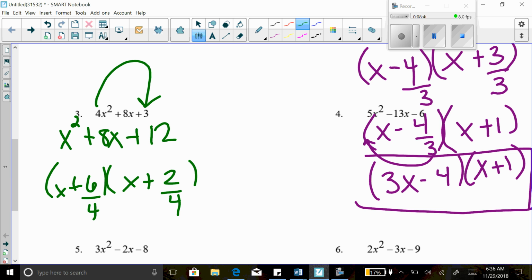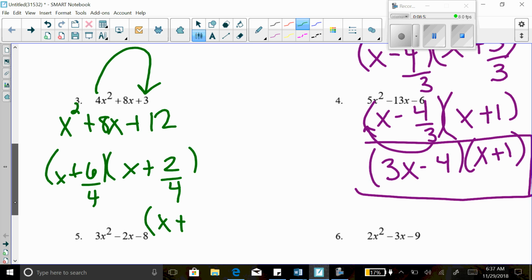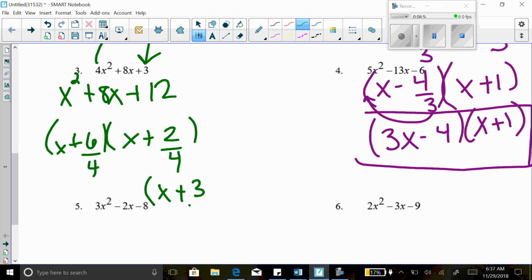Now we look at our fractions and say, can my fractions be simplified? And in this case, they can. 6 divided by 4 can be reduced or simplified to 3 over 2 because 6 and 4 can both be divided by 2.